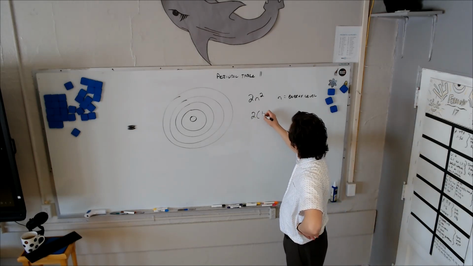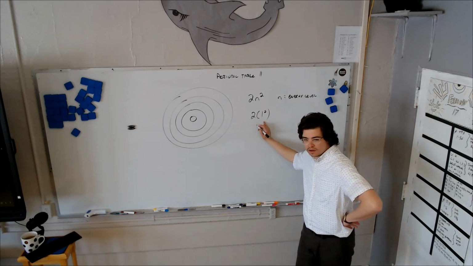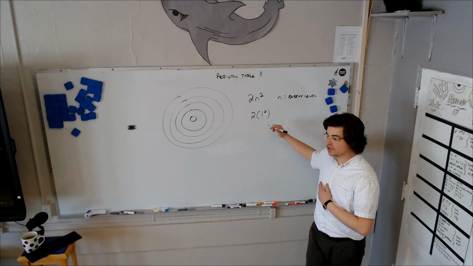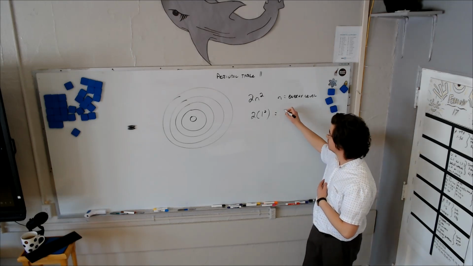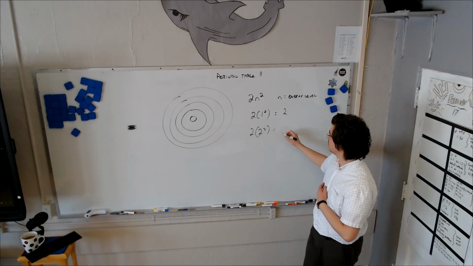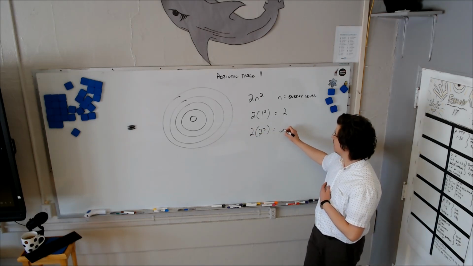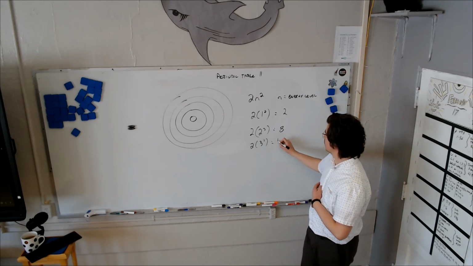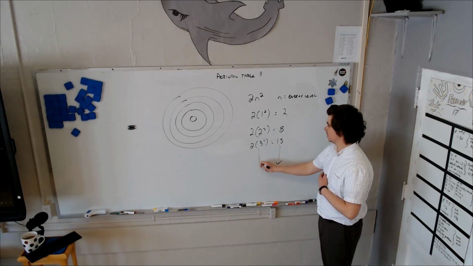So 2 times 1 squared. What's 1 squared? 1. Very good, Wade. Times 2, how many will fit in this energy level? 2. Okay, energy level 2, 2 squared times 2, which is going to be? 4 times 2, 8. Energy level 3, 18, etc. Right? It goes right down the list.